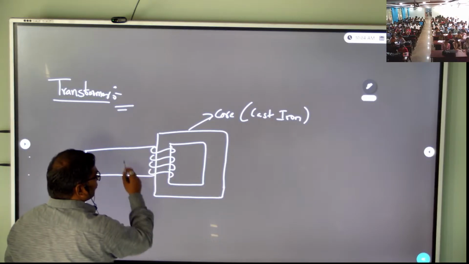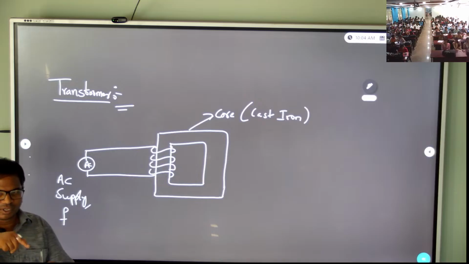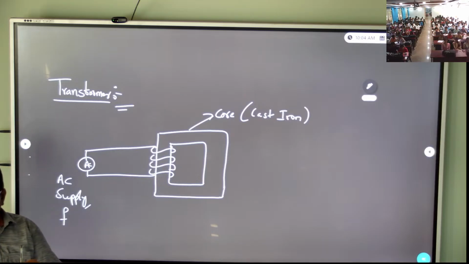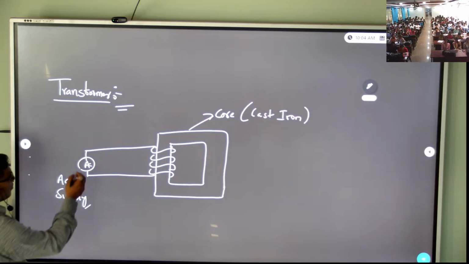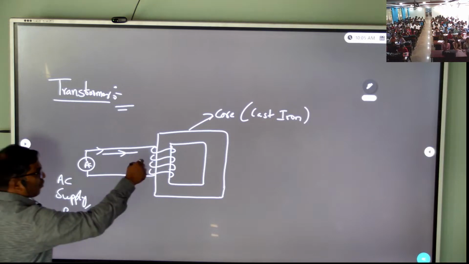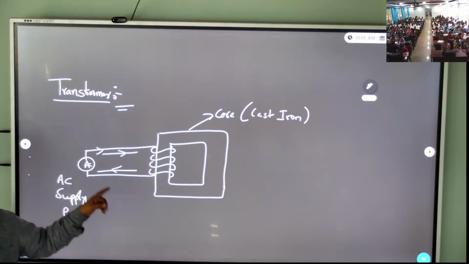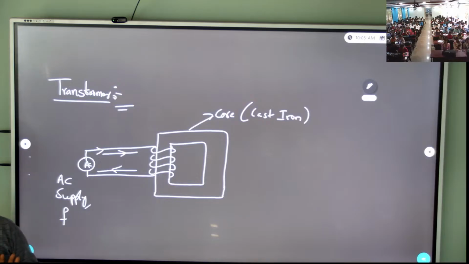One is positive terminal phase, one is neutral; current is going inside the winding and coming out, which forms the closed circuit.